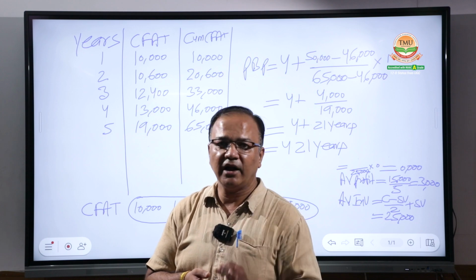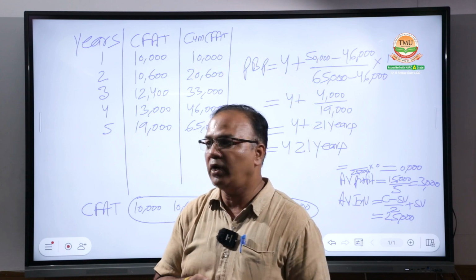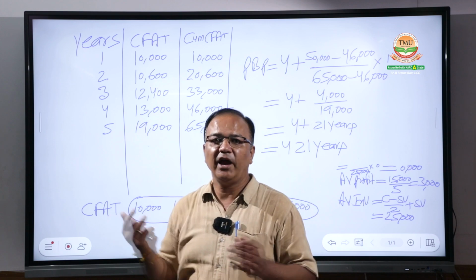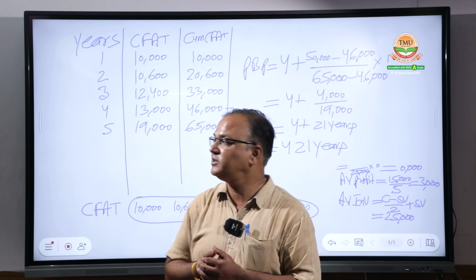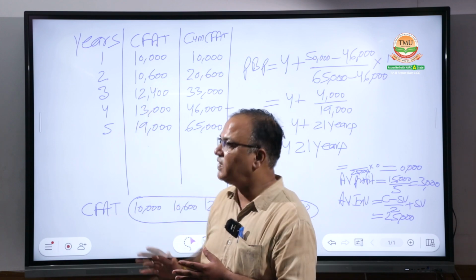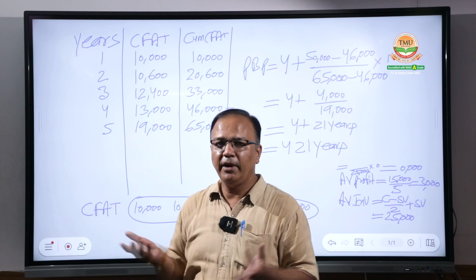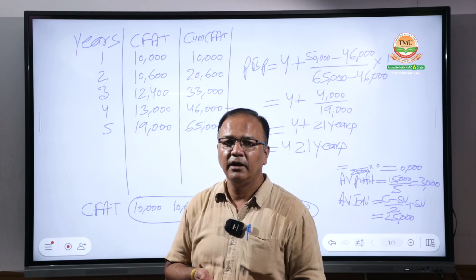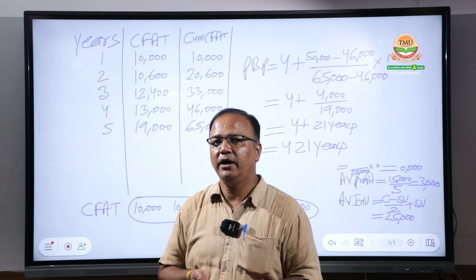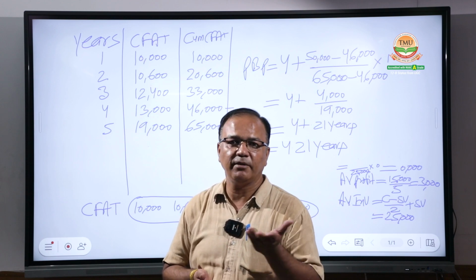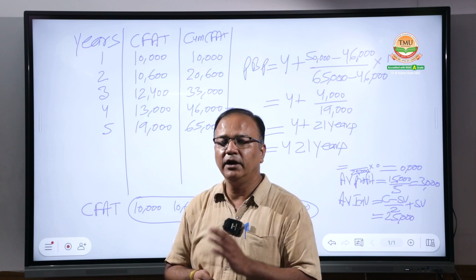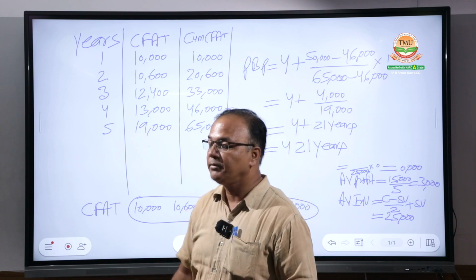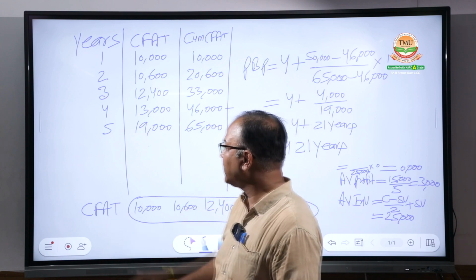But if it is not directly given, then you have to use the simple structure which I have stated in the last slide. PBDIT minus depreciation, then we get PBIT. Now less interest, then we get PBT, then deduct tax, we get PAT, and we have to add the depreciation, then we will get cash profit.